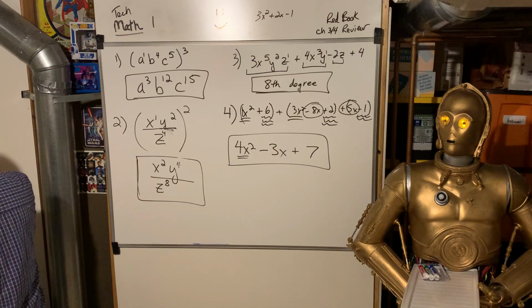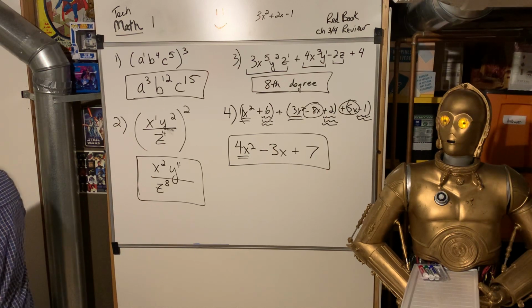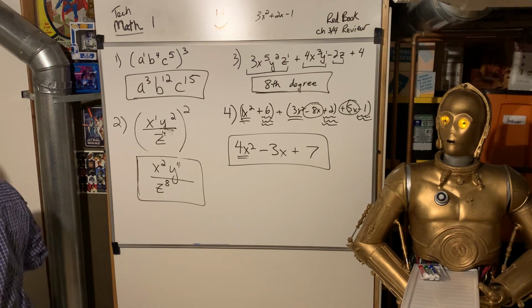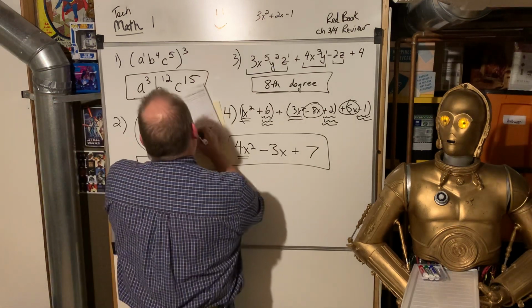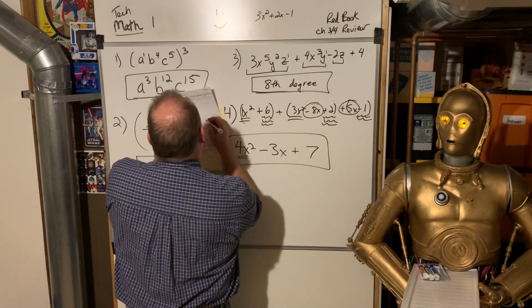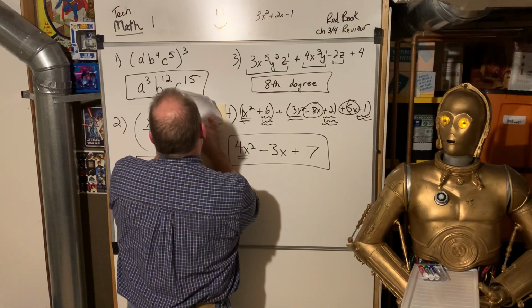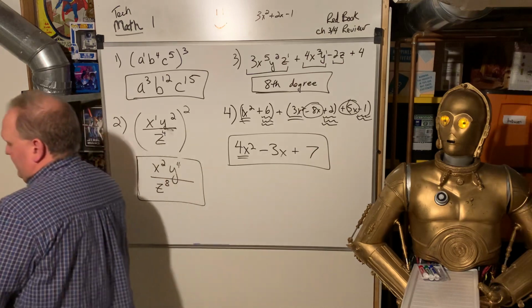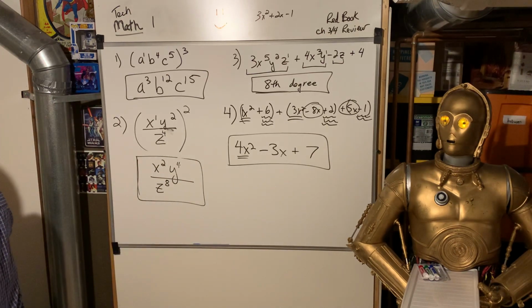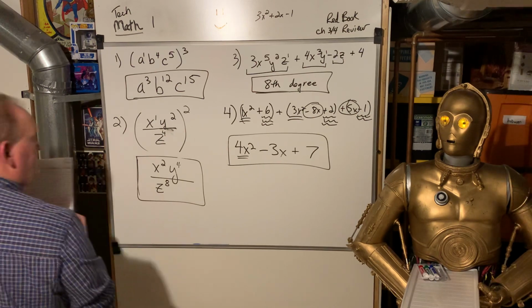I'll have to change that. I just thought to myself I should have double checked it. That's a 4x squared on the key. I must have saw the 2. I looked at the 2 instead of the 3. It's 4x squared minus 3x plus 7. All right, so shoot, I'll have to resend that.